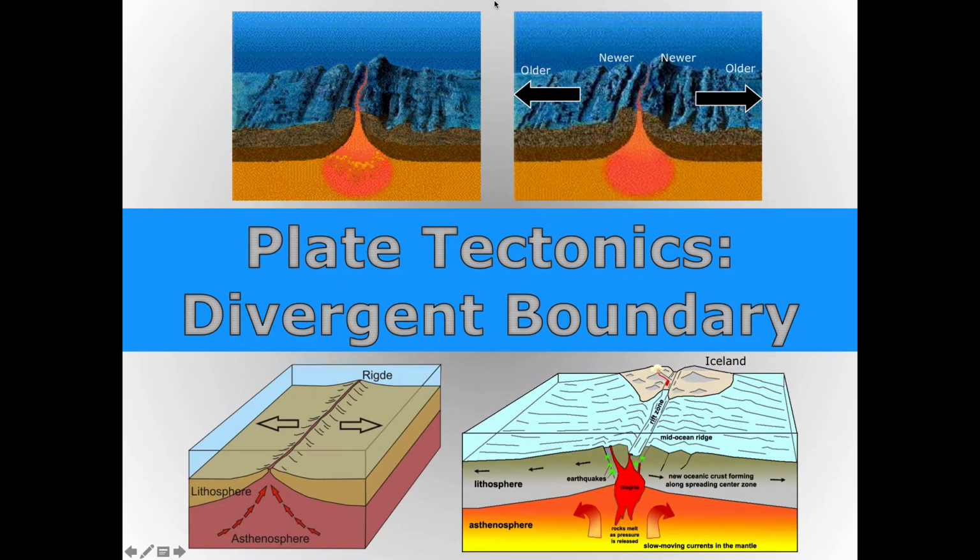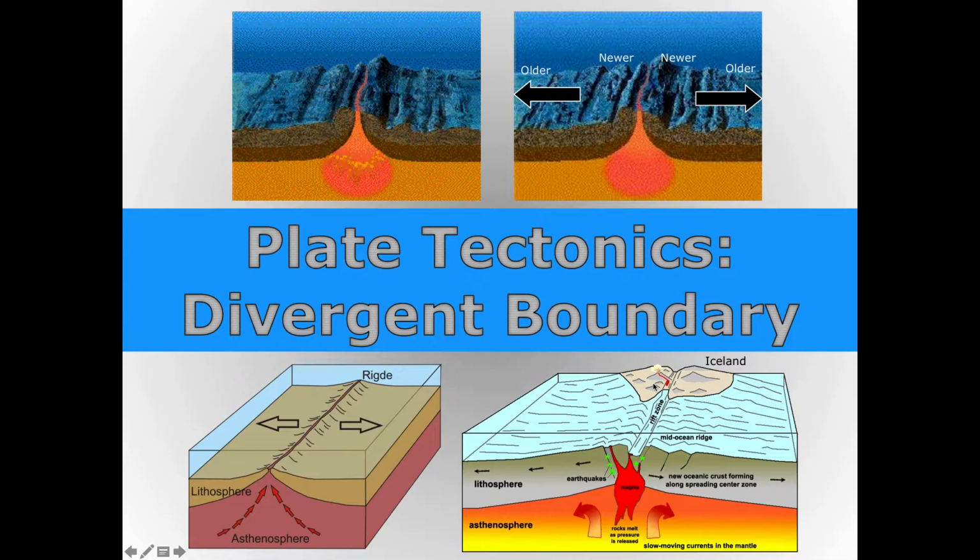There's a ridge here where the magma will come up and create new rock because the magma hits the water, cools, becomes rock, and kind of creates new land. Sometimes this is an underwater mountain range, and in some areas, the land is so high that it sticks up out of the water. Iceland is a great example of that.